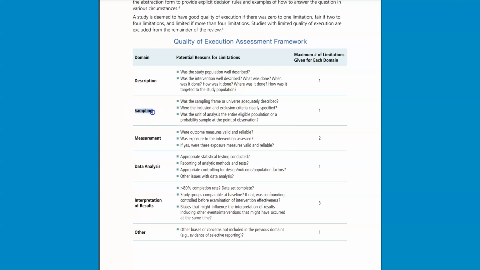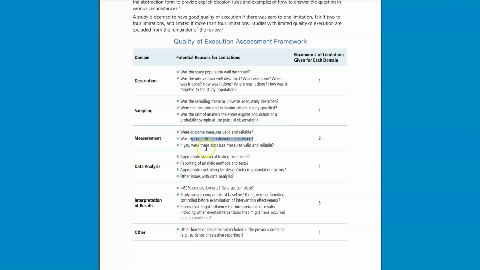Then go into sampling. Is the sampling frame or universe adequately described? Inclusion and exclusion criteria, eligible population, or probability sample at the point of observation. So sampling is important. And then measurement. Were outcome measures valid and reliable? Was exposure to the intervention assessed?